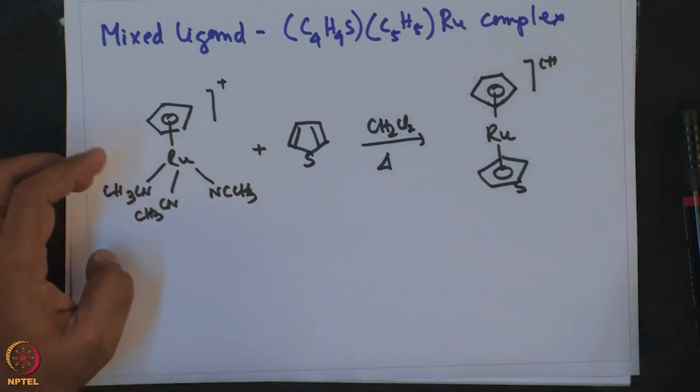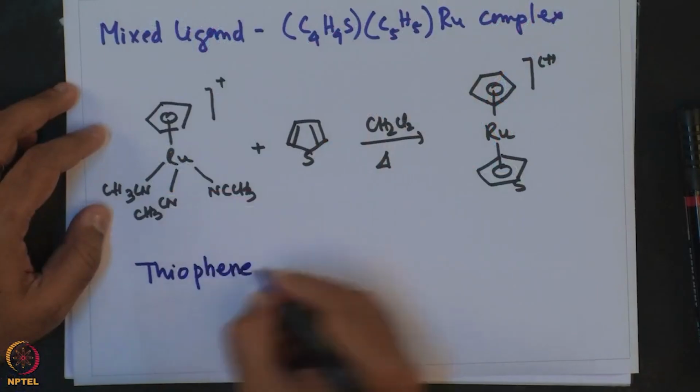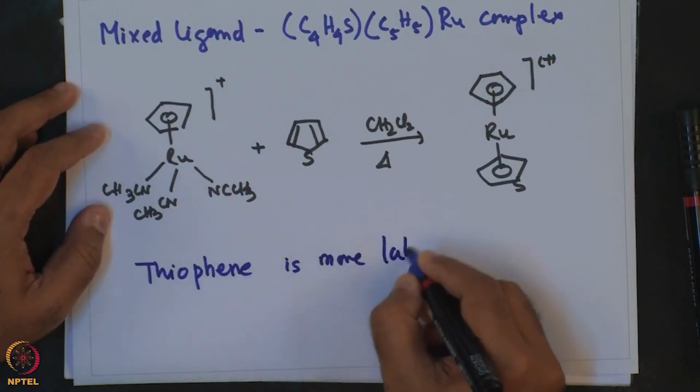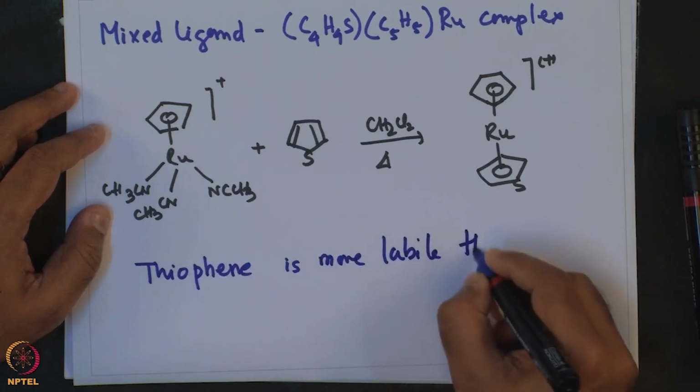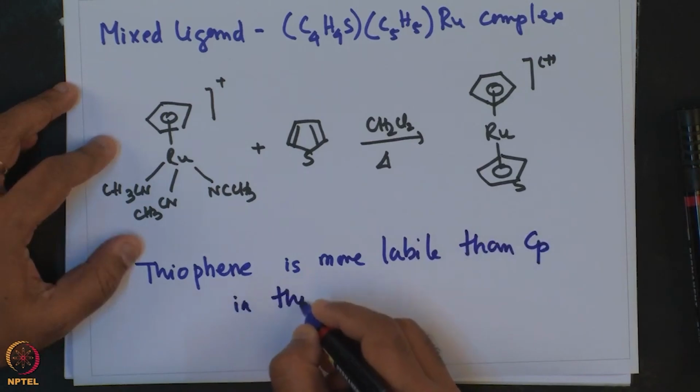So, that is an observation which can be rationalized quite easily by looking at this mixed ligand complex, and then taking into account the neutral or the anionic nature of the individual ligands. So, thiophene is more labile than Cp in this complex.